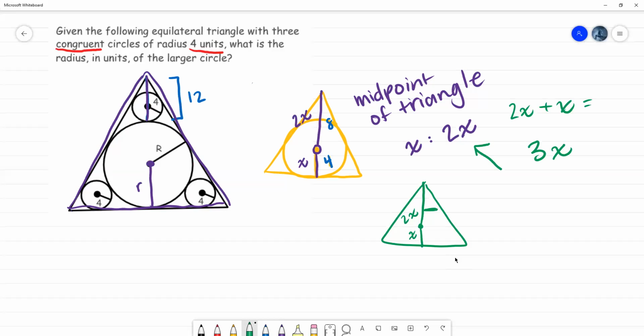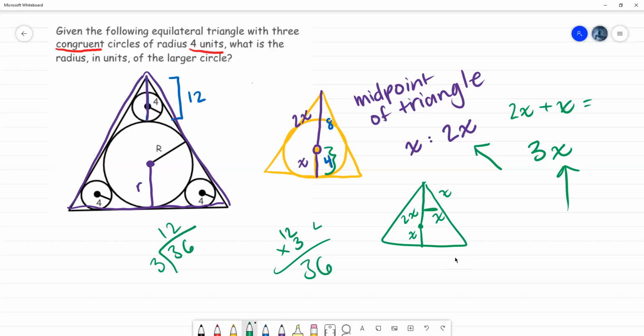Half of this center point right there, so x and x. And because we know that's 12, we can do 12 times 3 to use our rule here, which is 36. Now that we know our whole height is 36, we can divide it now by 3 to find out our x value. That's our radius. 36 divided by 3 is 12.